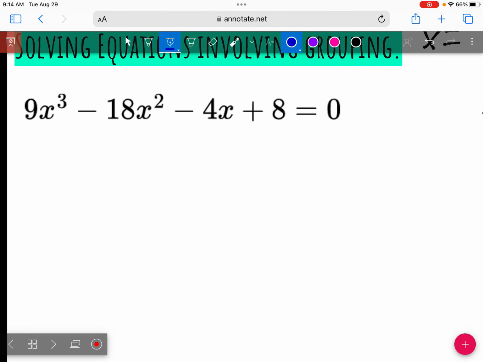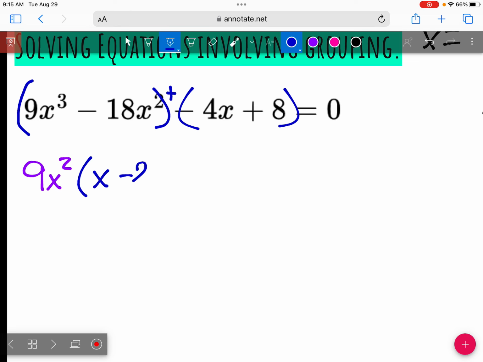Okay? So I'm going to do this with grouping, where I break it into pairs. And we are going to factor out a common factor from both pairs. What is common between 9x cubed and 18x squared? 9x squared. And what's our remainder? x minus 2. What is a common factor between minus 4x and 8? Negative 4.